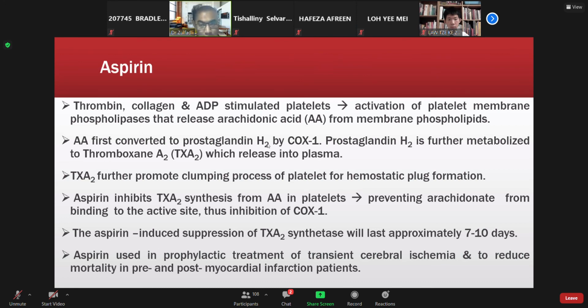Actually the arachidonic acid is produced internally by the platelet itself to produce the thromboxane, and this thromboxane will activate the receptors 2A, 2B and 3A. Aspirin is used as a prophylactic treatment of transient cerebral ischemia and to reduce mortality in pre and post myocardial infarction patients.